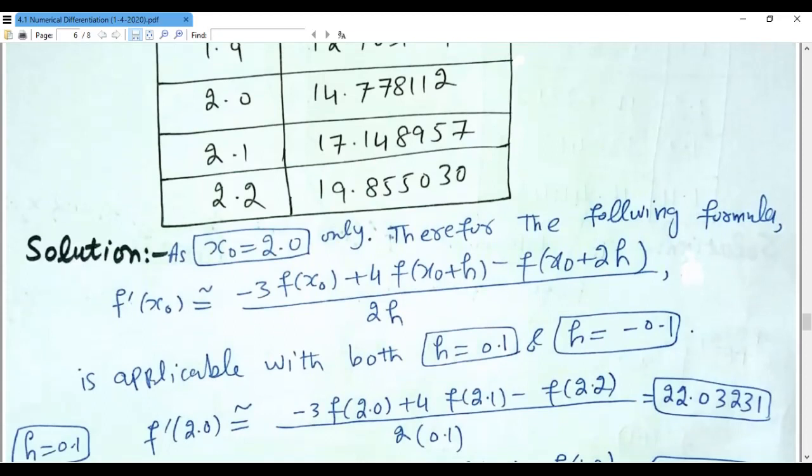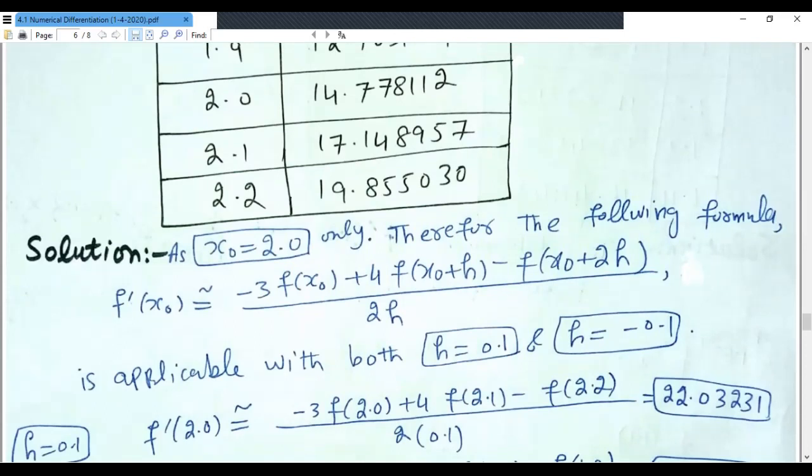Because if x naught is 2, then x naught plus h will be 2.1 and x naught plus 2h will be 2.2 if h is 0.1.